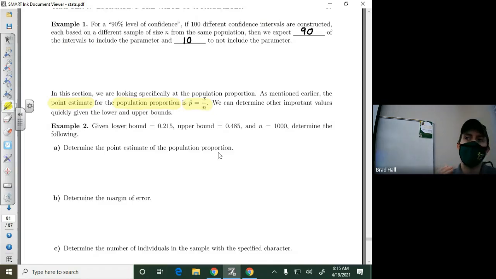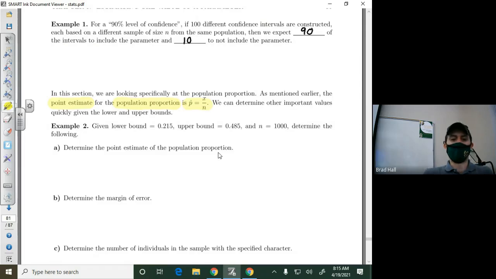So if we are given the lower and upper bound, we'll work this out incrementally. Let's say we are given the lower and upper bounds around a point estimate, and let's see how we can work out other values from these.